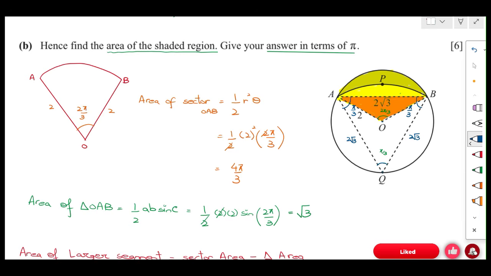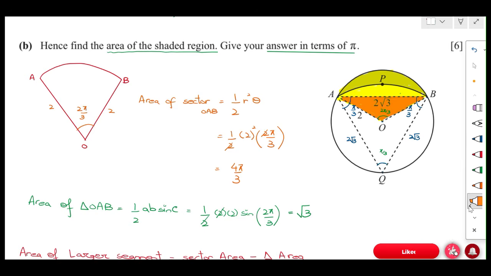So if the circumference angle is pi by 3 here, here it is also pi by 3, and here the circumference angle is also pi by 3. When all the three angles are pi by 3, which is 60 degrees, it means that it is an equilateral triangle. And for an equilateral triangle, all three angles are 60 and all three sides must be equal, right?